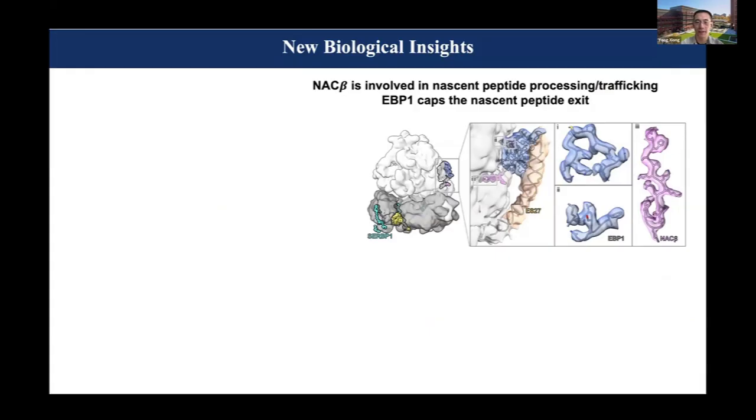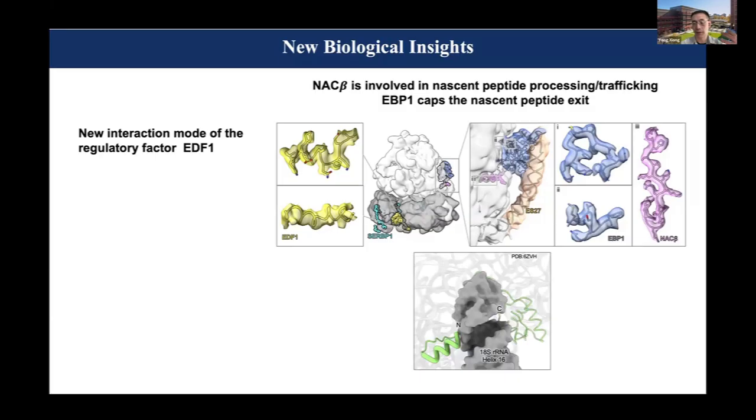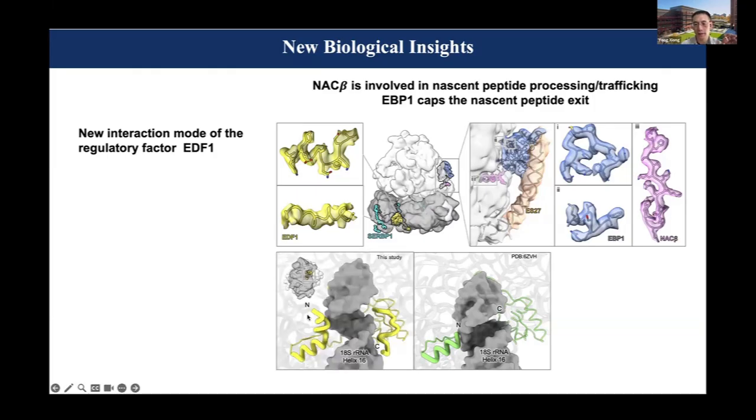Also, we see many other factors. Just to give you one example, the collision factor EDF1, whose structure has been done before from a purified study, is a Rachel Green study published quite a few years ago, with EDF1 in green binding to a helix on the ribosome. In situ, the binding location is very similar, but we see different conformations of the molecule at the termini, and also a different conformation of the ribosome helix, as this molecule sort of hugs the ribosome to make a conformational change.